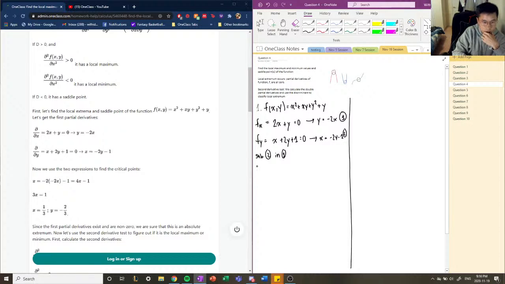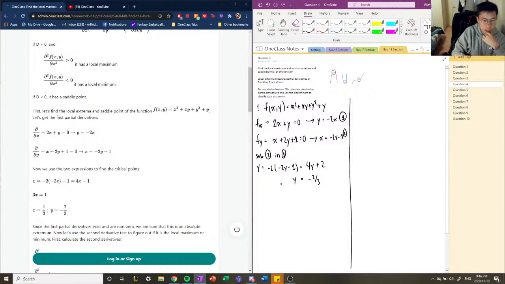And we get y equals negative 2 times negative 2y minus 1, and that equals 4y plus 2. Okay, we still have a y here. So this equals y equals negative 2 over 3.